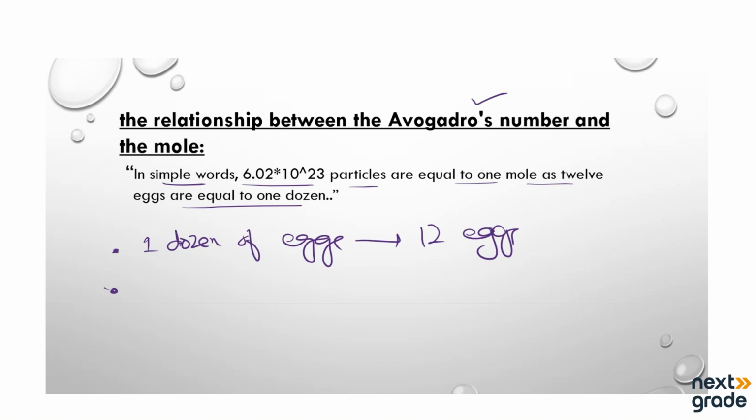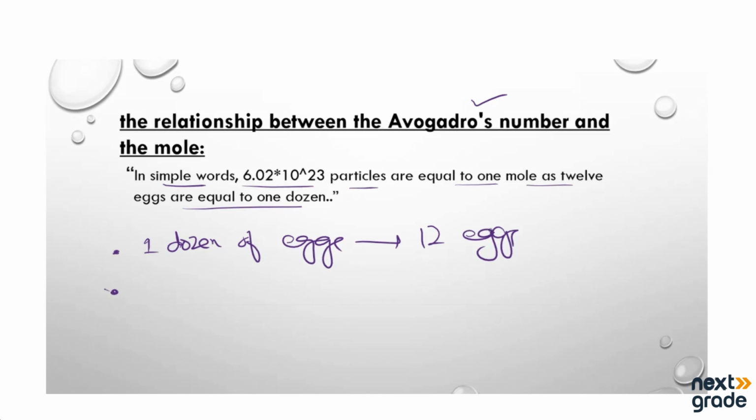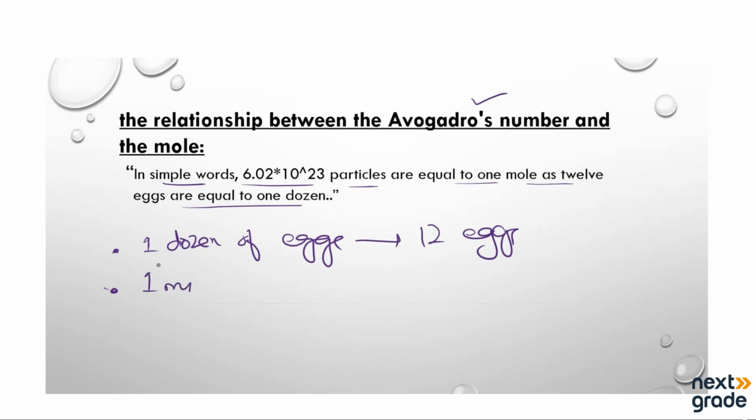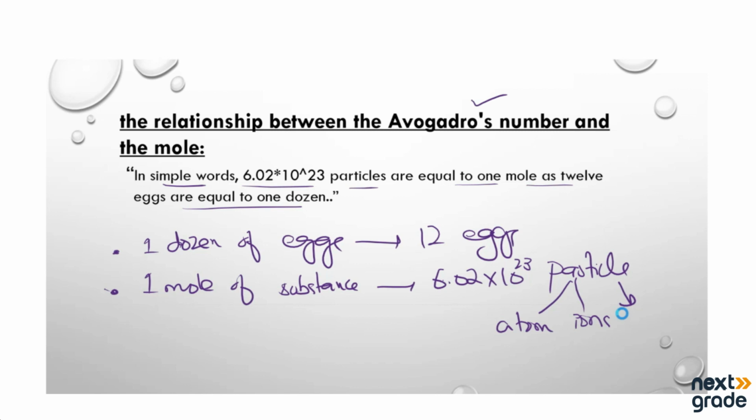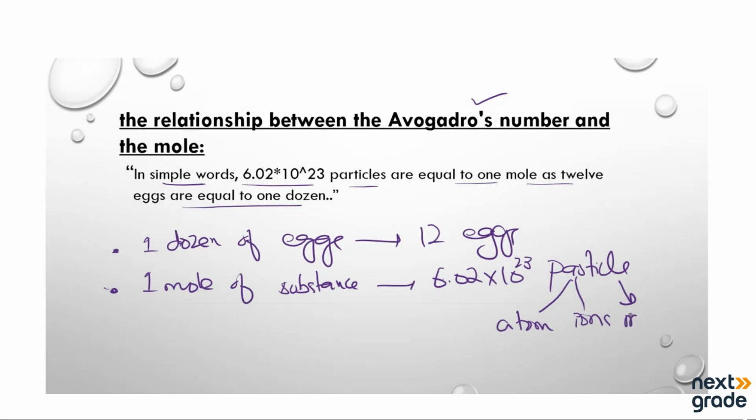Likewise, if we are talking about 1 mole of any substance, it is going to have 6.02 × 10^23 particles, and particles may mean atoms, ions, or molecules.